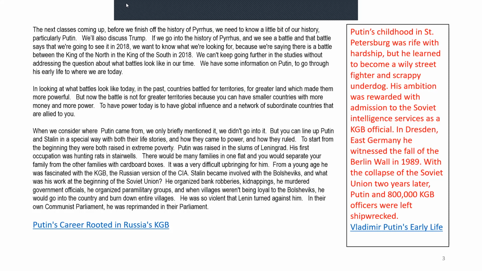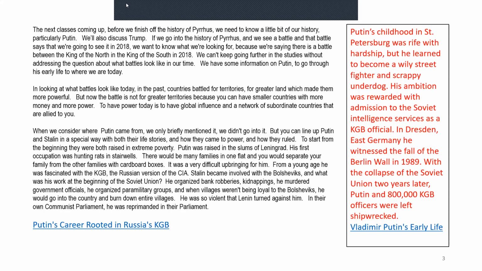We have some information on Putin to go through his early life to where we are today. And looking at what battles look like today, in the past, countries battled for territories, for greater land, which made them more powerful. But now the battle is not for greater territories, because you can have smaller countries with more money and more power.